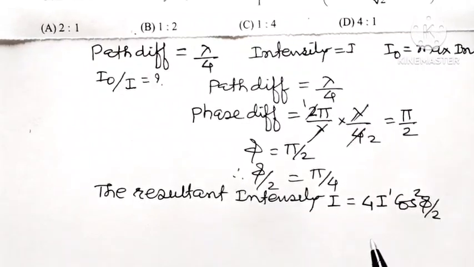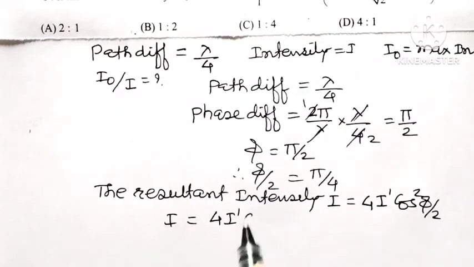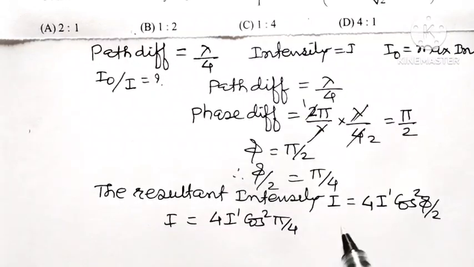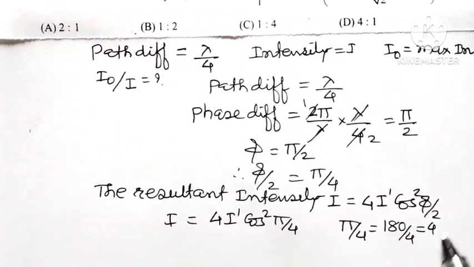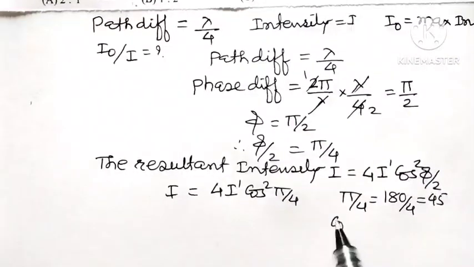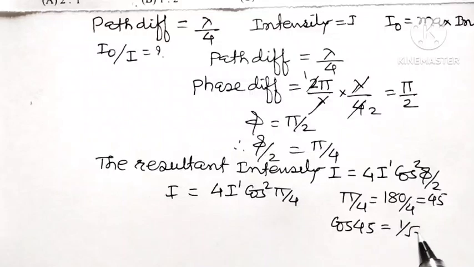So I is equal to 4 I dash into cos square of pi by 4. Pi by 4 means 180 divided by 4, that is equal to 45. And cos 45 is equal to 1 by root 2.